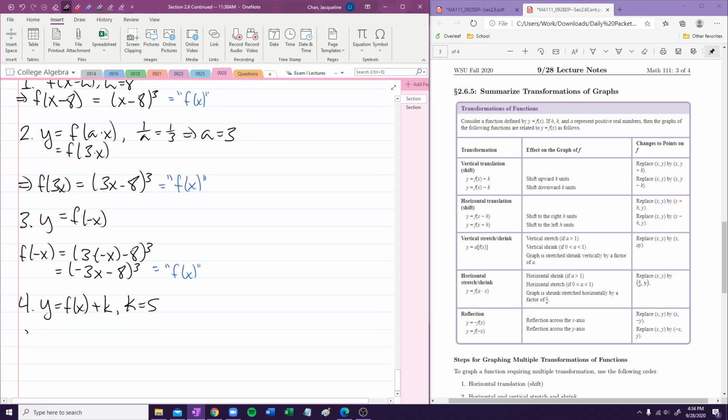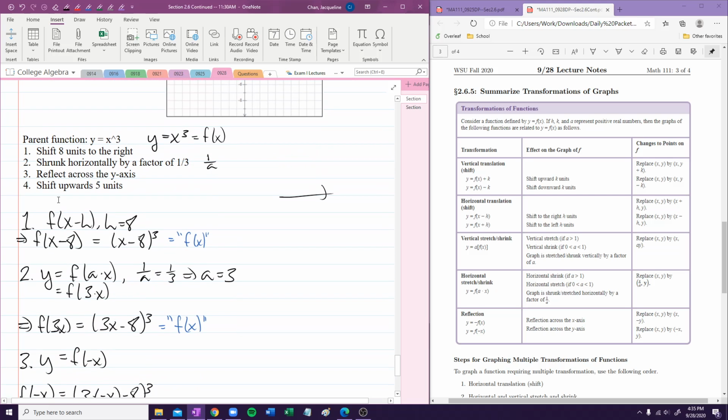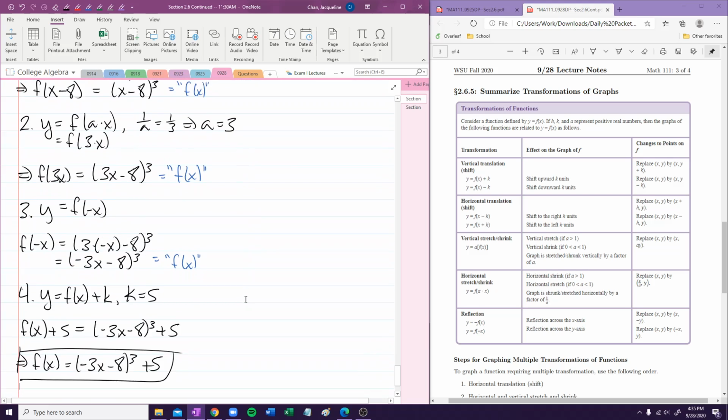So we want to find f of x plus 5. I'm going to take that f of x, negative 3x minus 8 cubed, and add 5. So my final answer is f of x is equal to negative 3x minus 8 cubed plus 5. And this is the one that corresponds to all of the translations above.